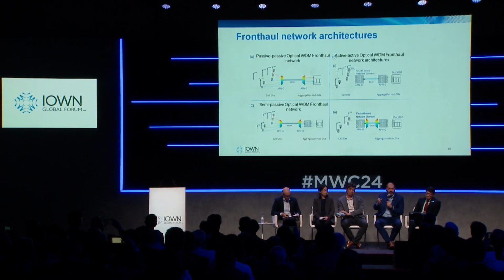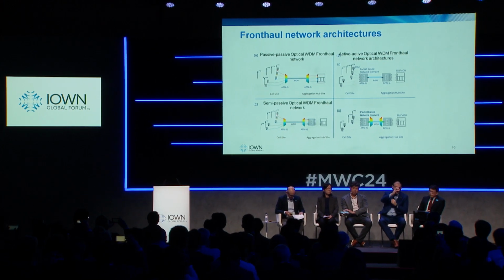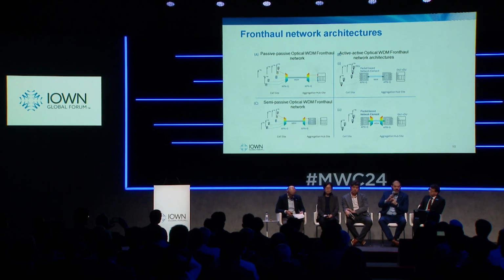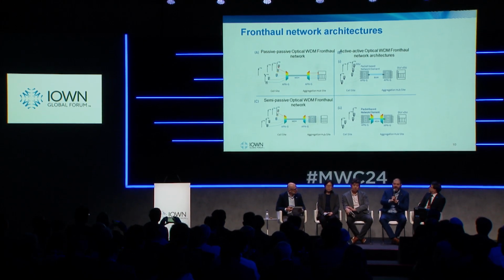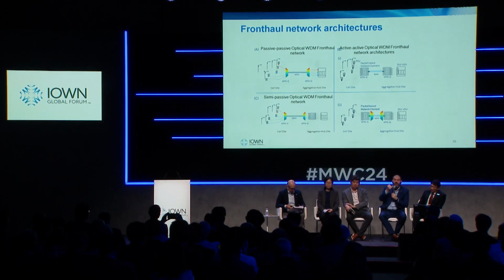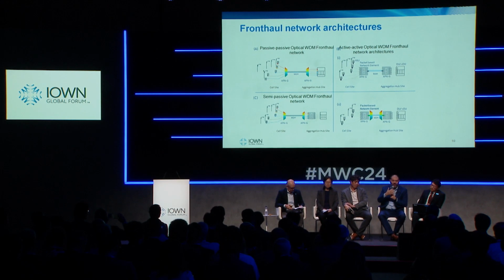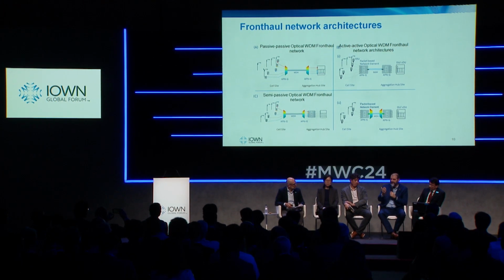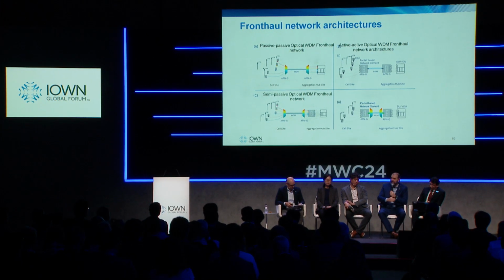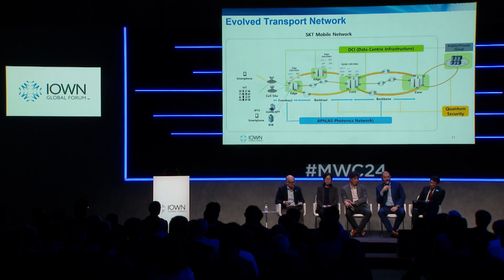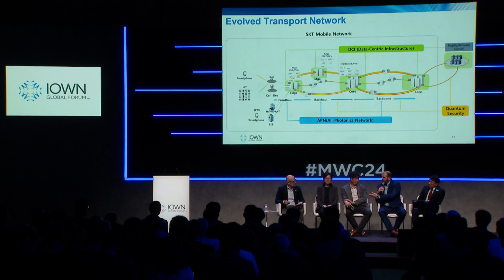And then you have a full active one, where you have an APN-G on both sides with potentially an APN in the middle. These architectures we've studied in terms of total cost of ownership. We've looked at the energy efficiency, to guide operators in making a choice of what is best for their needs, so that we can help them make a decision.